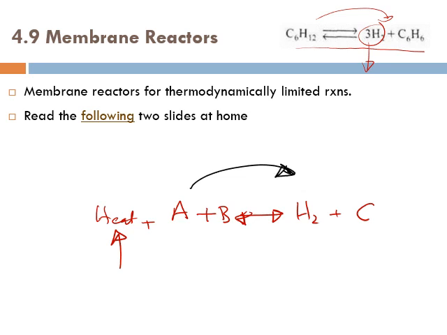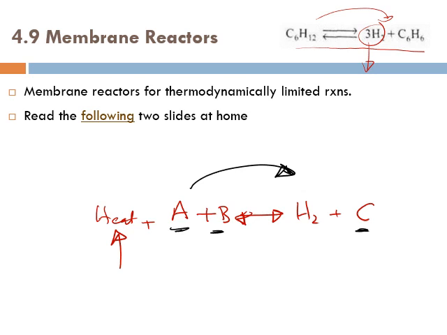However, adding heat might take you into other complications, for example, cracking the reactants or cracking the product, and you can end up having coke formation. Very large temperatures are also bad, because you'll need to be careful with the construction material and so on.